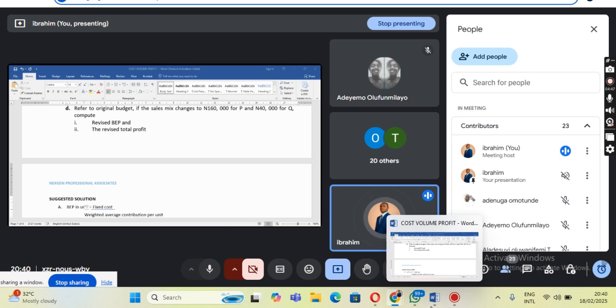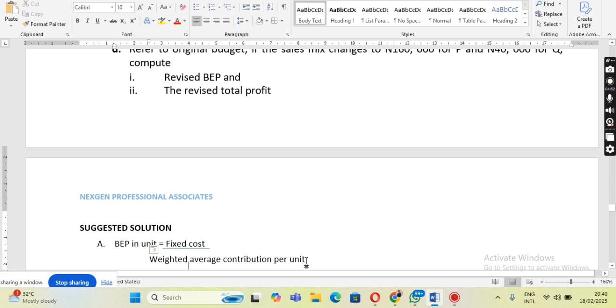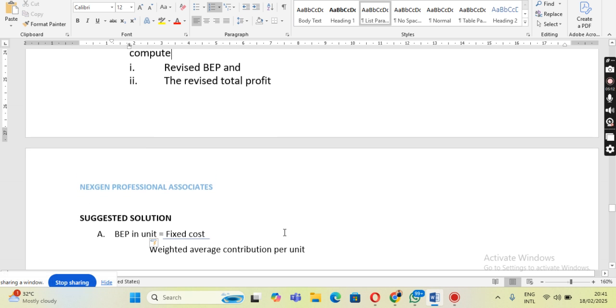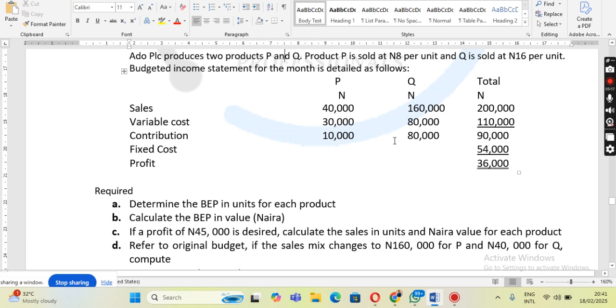Now, the question you should ask is, since you are looking for the BEP in unit, and it is weighted average contribution per unit, what will be the mix? What will be the sales mix? You need to get the mix. Mix means the percentage ratio. Now, let me take you back. Because it is units you are looking for, you need to get the sales mix.